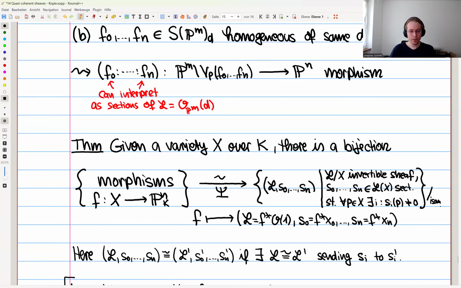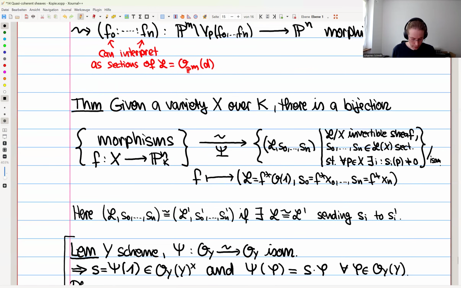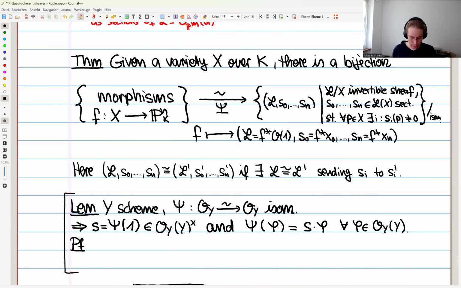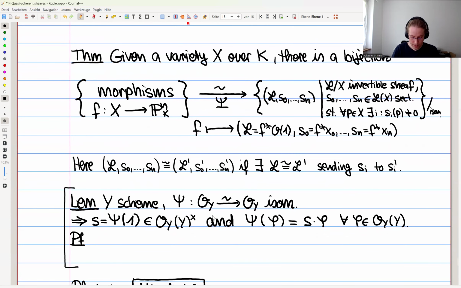Okay. And so before we start, I wanted to show a small lemma that we're going to use in the proof. And this tells you something about automorphisms of the trivial line bundle O_Y. So if Y is a scheme and you have an isomorphism psi from O_Y to itself, then this can basically be uniquely determined by knowing what this isomorphism does on the regular function 1.